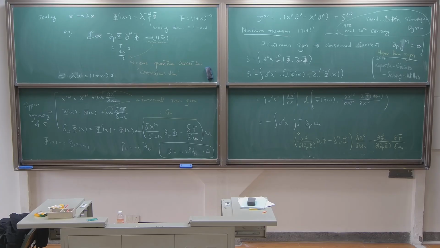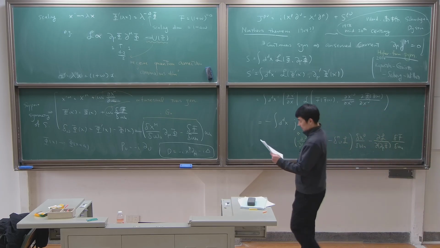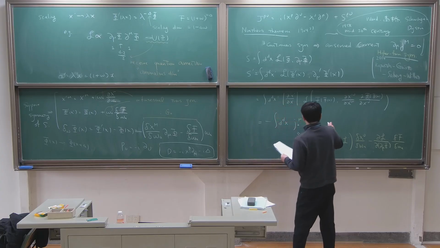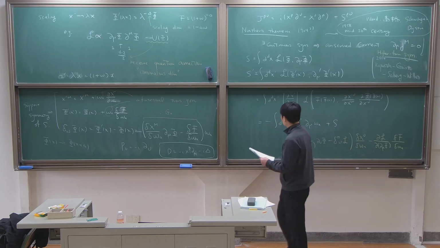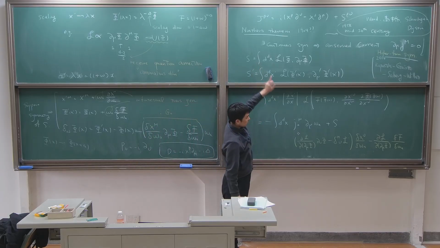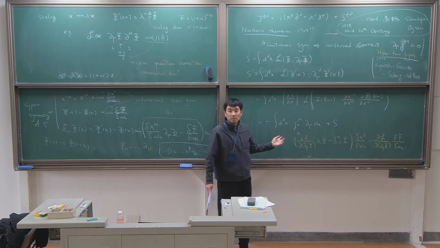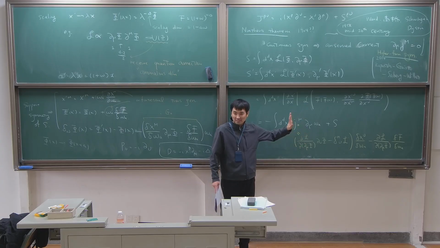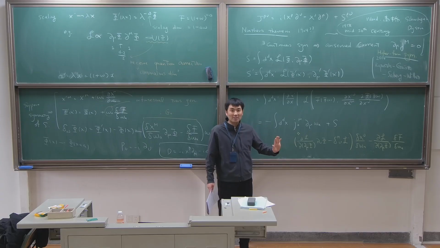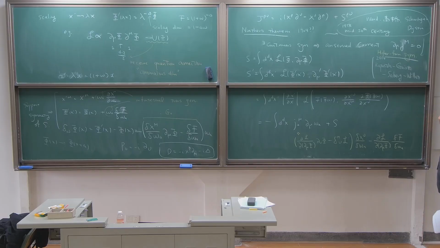You just take the leading order. So the difference between S prime and S is just this term. I highly recommend you do this calculation by yourself. It's super straightforward, but I'm not going to do it.